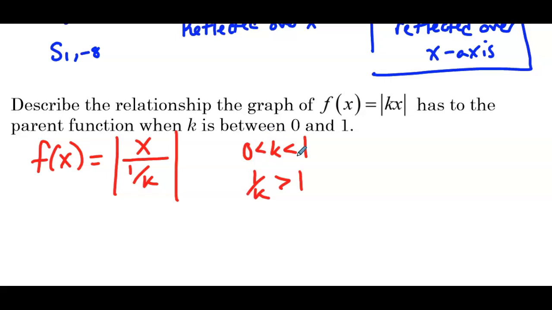Right, if you take any fraction between 0 and 1 and you take its reciprocal, you're going to get a value that's larger than 1. Okay, so what does that mean? Well, that means that's going to be a horizontal stretch by a factor of 1 over k.